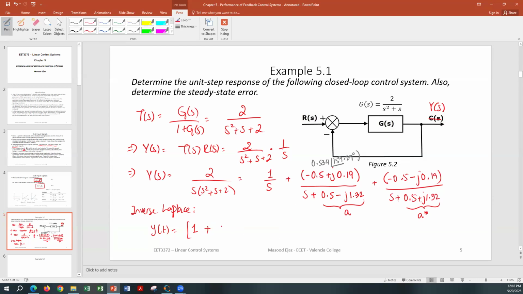Anybody remember what was inverse Laplace? 2 times the magnitude of the numerator, e to the power alpha t, cosine omega n t, omega n is 1.32, plus angle of the numerator.